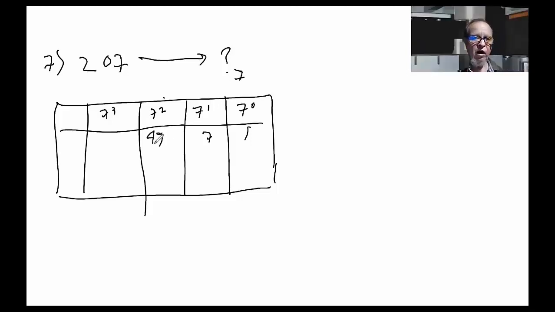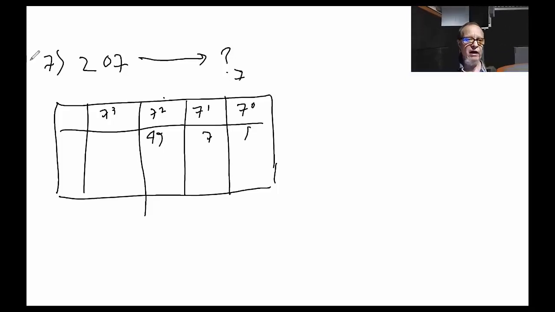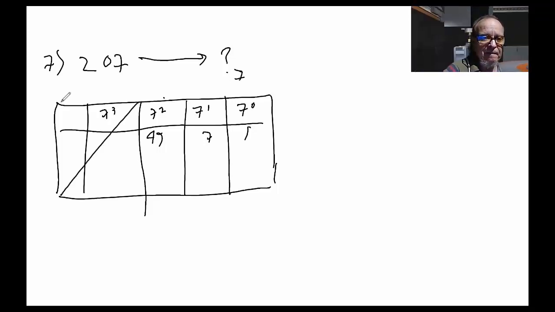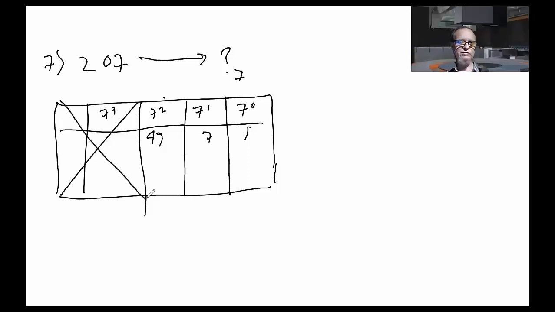And if we go higher to 7 cubed, it's going to be too high and it'll go over 207. So we're not going to need this. We're only going to need up to here.